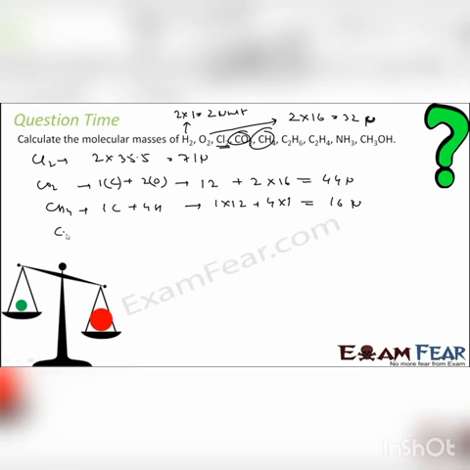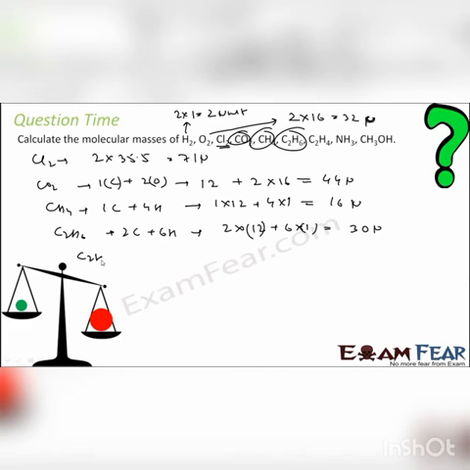Done. C2H6, 2 carbon plus 6 hydrogen. 2 into 12, carbon each is 12 units, plus 6 into 1. And you solve this, you get 24 plus 6, 30 units. Okay.